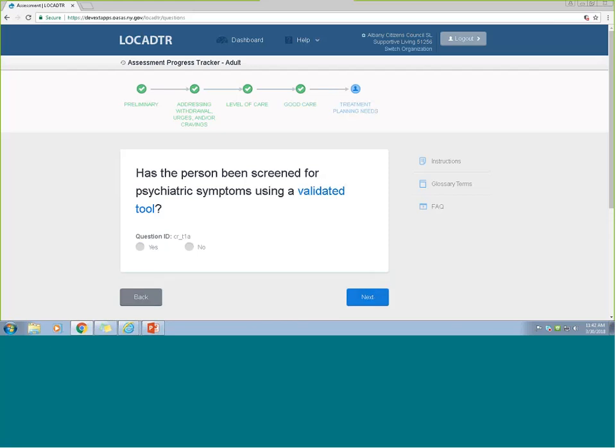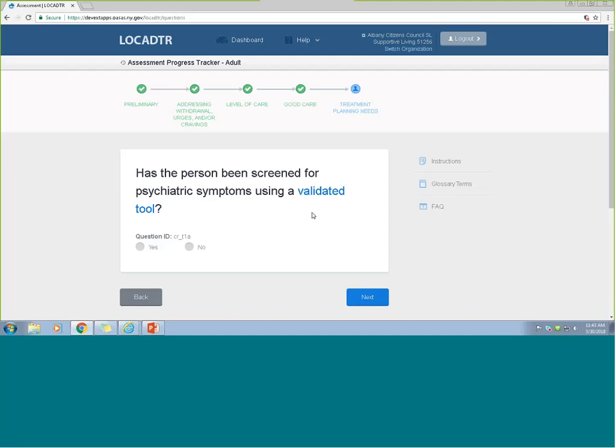Has the person been screened for psychiatric symptoms using a validated tool? Here again is an example where we provide a definition of what we mean by a validated screening tool. We say it's an instrument that has been psychometrically tested for reliability, validity, and sensitivity. OASAS worked with the Nathan Kline Institute to develop and modify the Mini mental health screening tool.